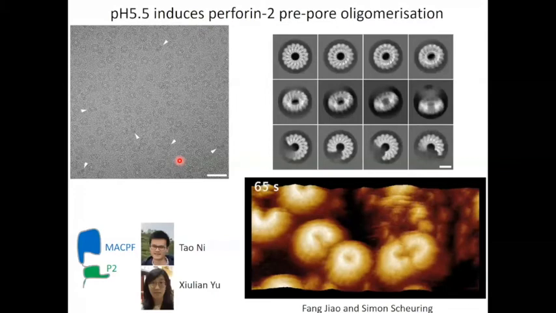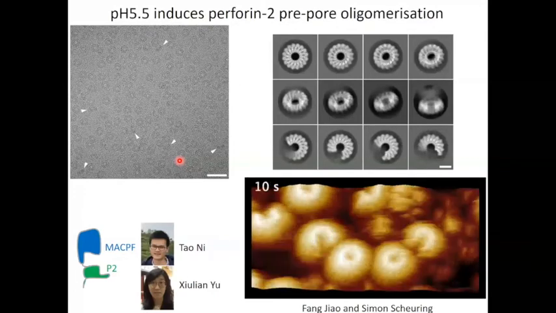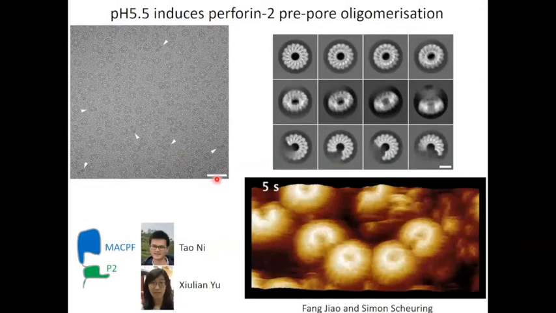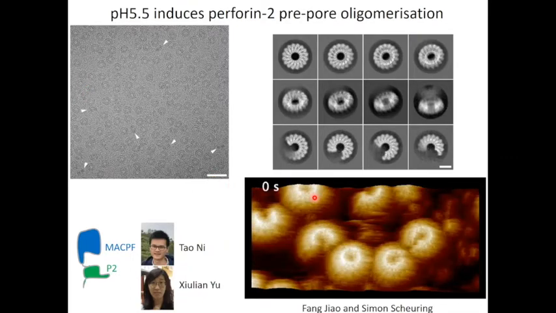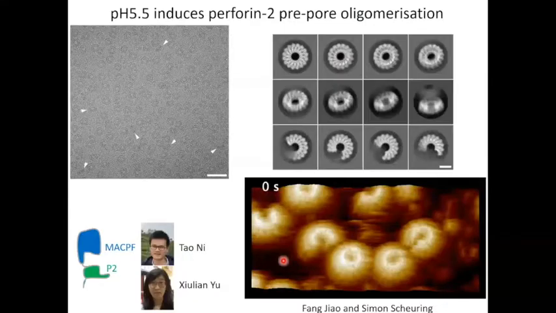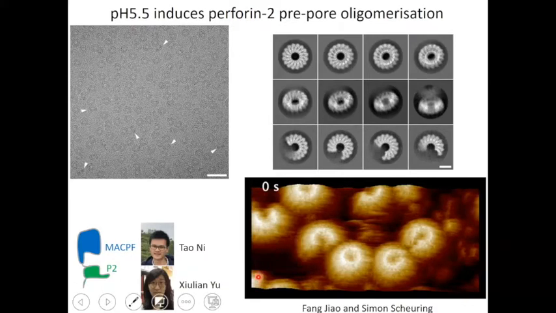So we wanted to study perforin 2 and understand how it does what it does. And so what we did was we purified the protein, and we could get it to assemble into these ring structures by lowering the pH to 5.5. And what you just saw there was some atomic force microscopy of the assemblies sitting on a surface that they're imaged on, and I can't get it to work again, I'm sorry.